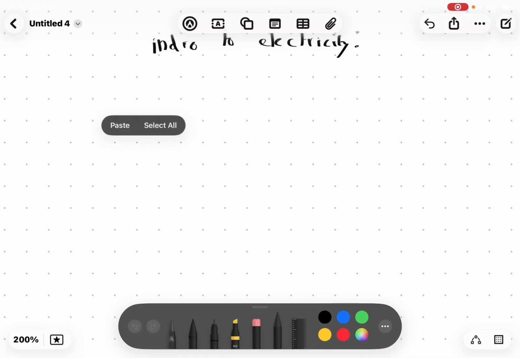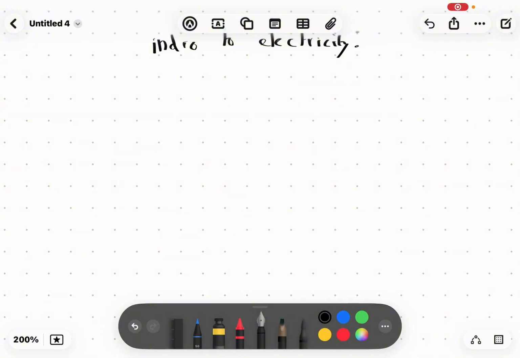So let's just quickly understand what voltage actually is. Voltage is the potential difference between two points. Let's say we have A and B, and this is a resistor. At A, the voltage is 30 volts. This is the positive side, this is the negative. Over here it's still positive, by the way, so they're both positive numbers. Over here it's 10 volts, and the resistor is 5 ohms.